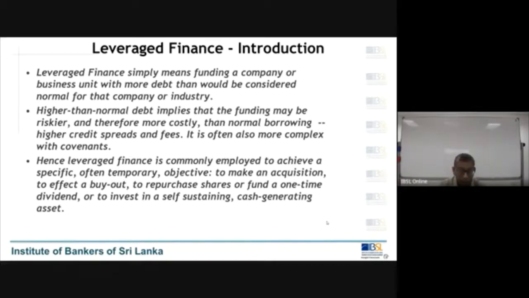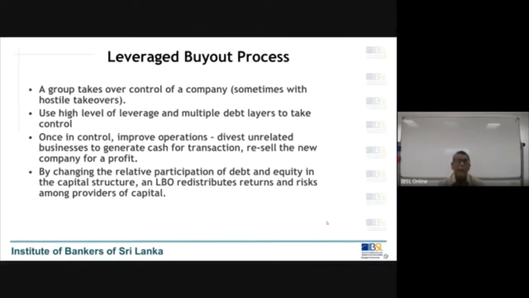If you have more debt, more funds on loan against equity, we call it leverage finance. Then the leverage buyout process. Now, what do you mean by a leverage buyout process? The group takes over control of a company, sometimes with a hostile takeover, using a high level of leverage and multiple debt layers to take control, right?